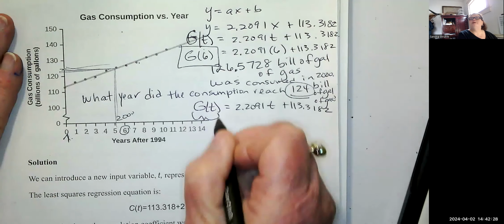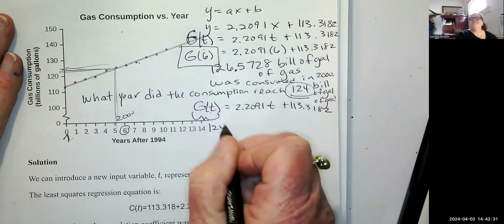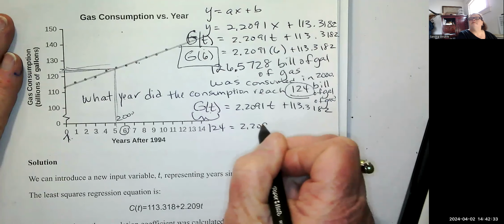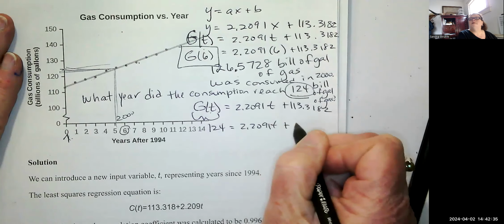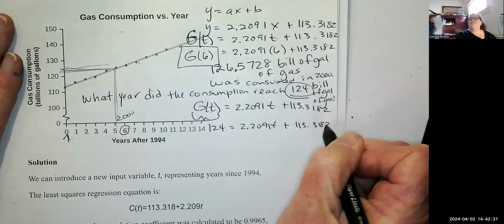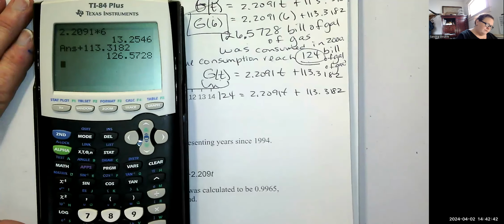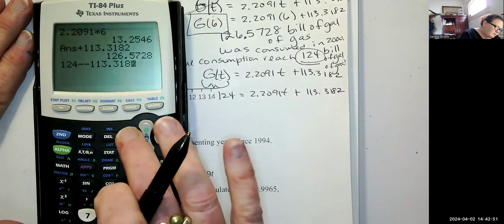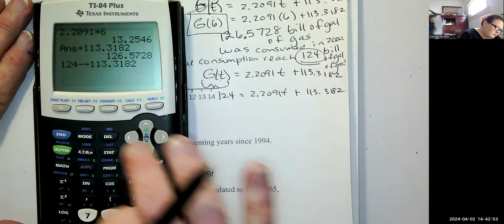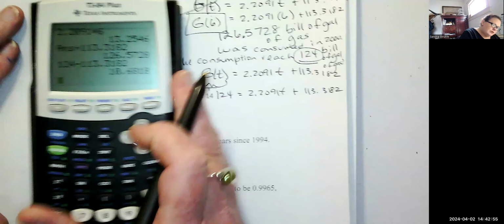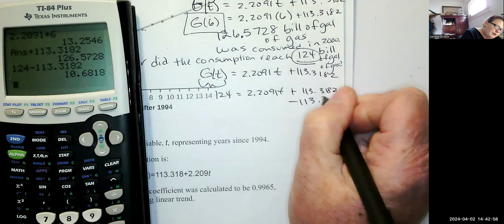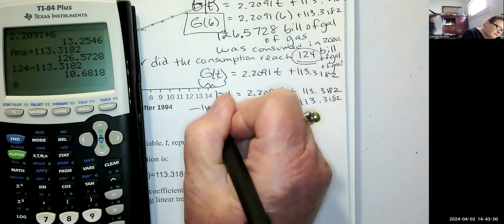I'm going to substitute for my G of T, the 124, and I'm going to solve for T. So I'm going to take the 124, subtract 113.3182 from both sides.